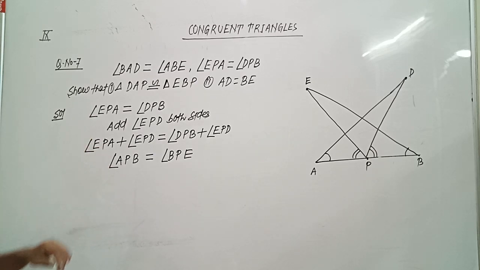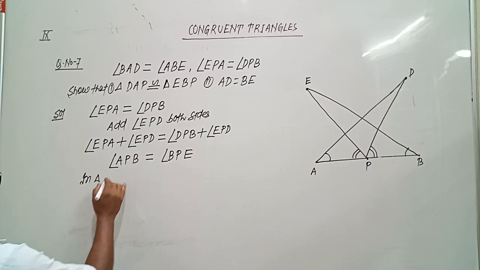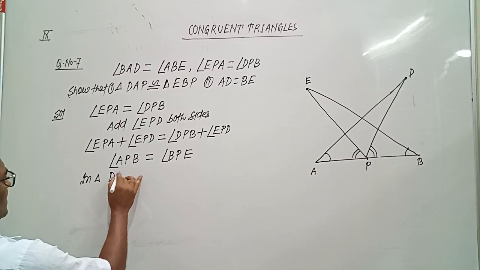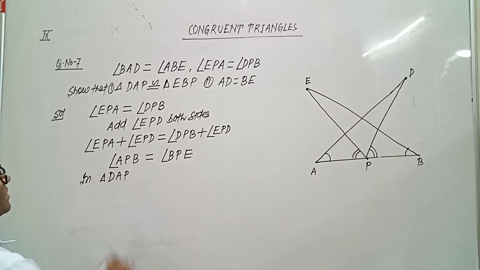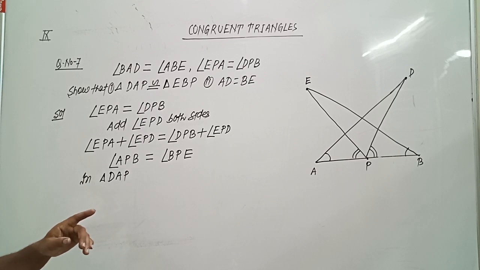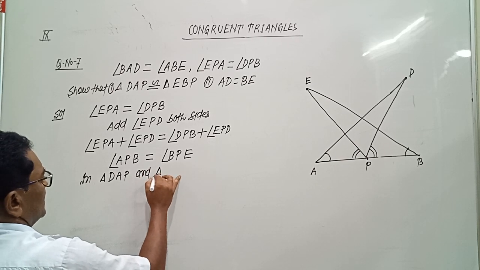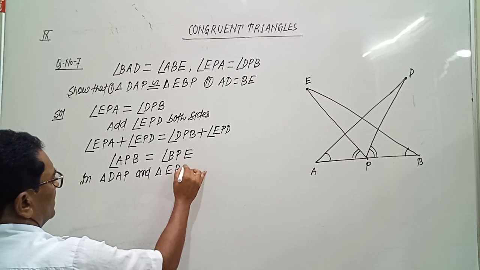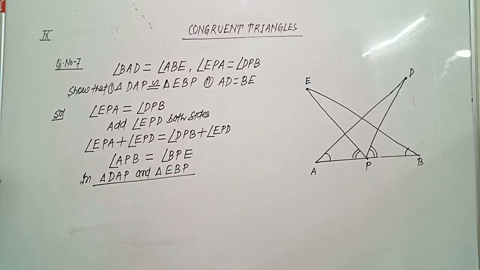Now we take the two triangles, triangle DAP and triangle EBP, and we prove these two triangles as congruent.